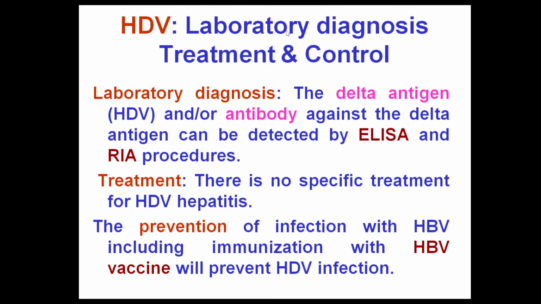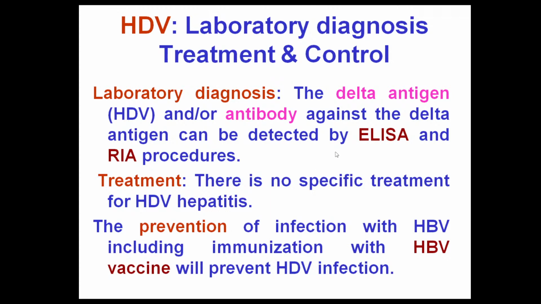How do we perform lab diagnosis of hepatitis D? The delta antigen and antibodies against this delta antigen can be detected by ELISA or radioimmunoassays. And there is no specific treatment against hepatitis D virus infection.